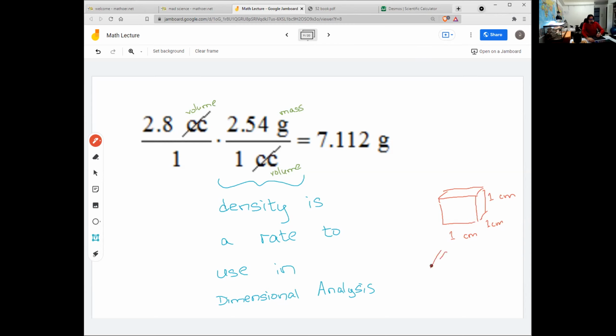So this is sometimes called 1 cubic centimeter, because it is a cubic centimeter, right? That's what we just did. So cc is cubic centimeter. And sometimes this is called 1 milliliter.